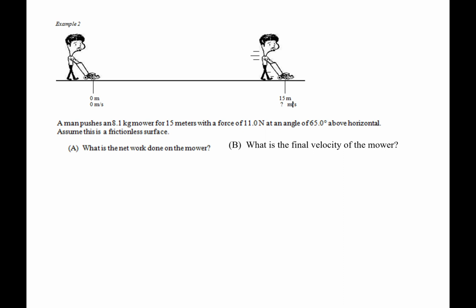All right. So we've got a man pushing a mower for 15 meters with a force of 11 newtons at an angle of 65 degrees above the horizontal, and assume that this is a frictionless surface. So basically, if I were to draw my mower, when they're saying it's at 65 degrees above the horizontal, they're saying this angle right here is 65 degrees.